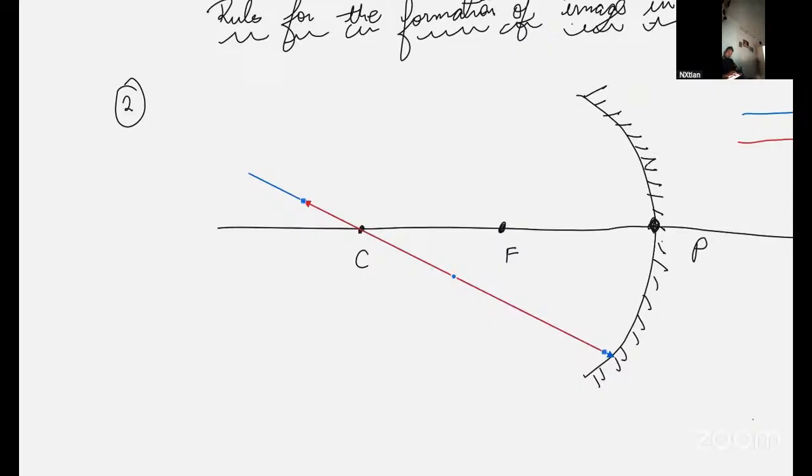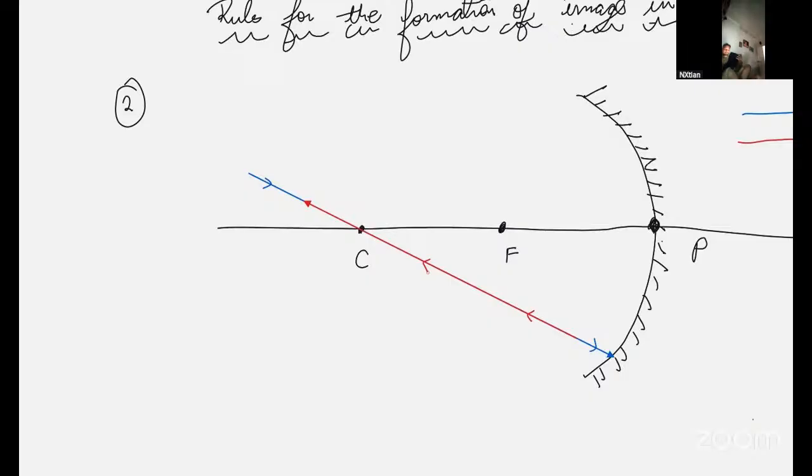It's going to look like this. The line will come back to the same point.